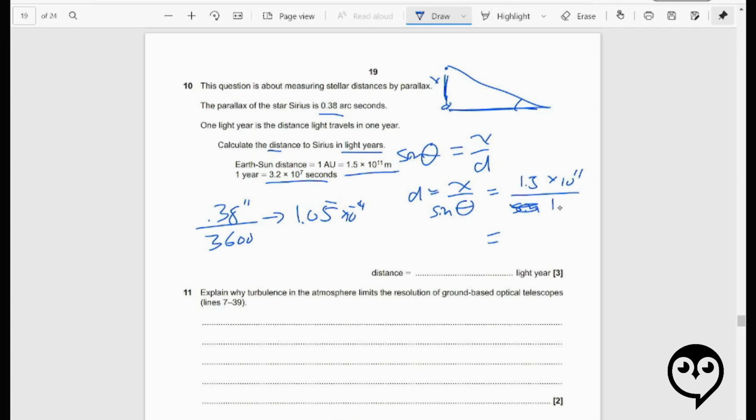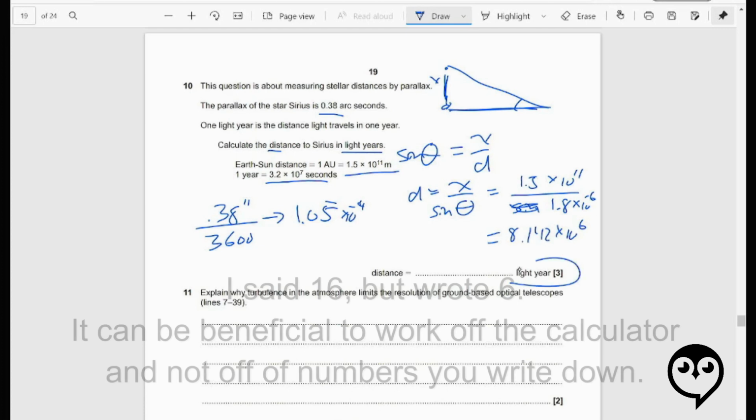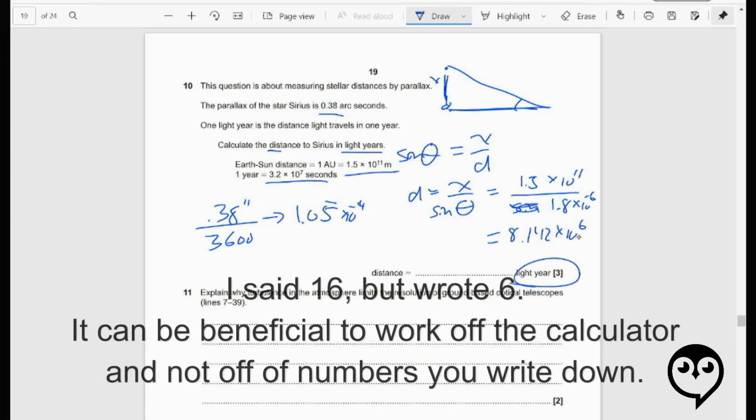Okay, that gives me 1.8 times 10 to the negative 6. So do 1.5 times 10 to the power 11 divided by that. I get a pretty big number here, 8.142 times 10 to the power of 16, but we have to convert this into light years. So this is meters, isn't it? Yeah, that's meters, because this was unitless and this was meters on top.